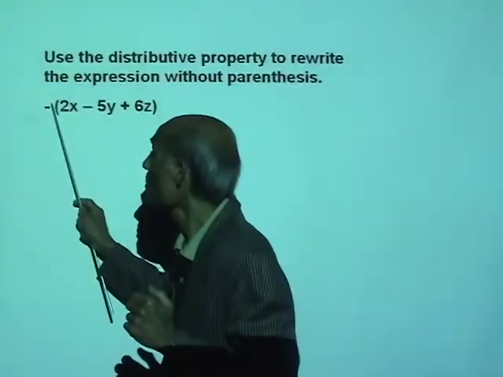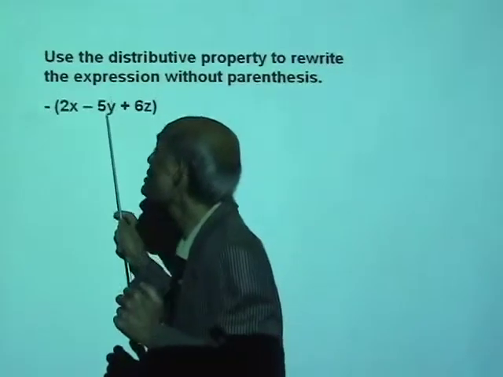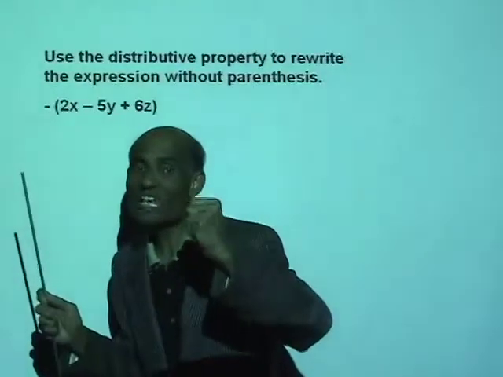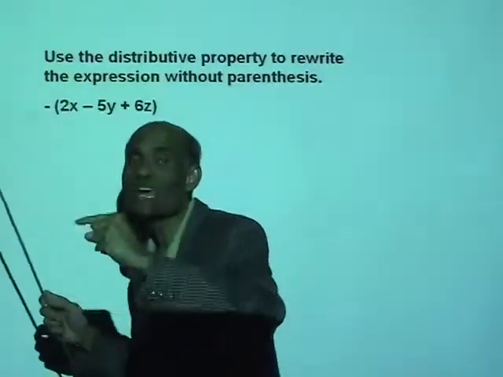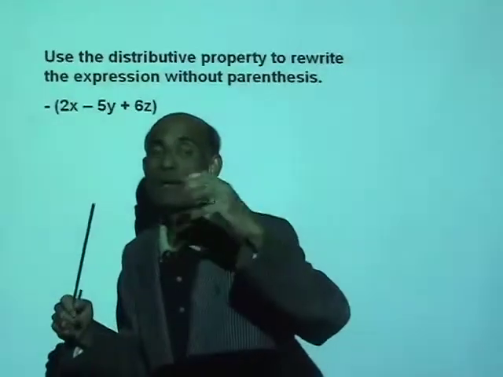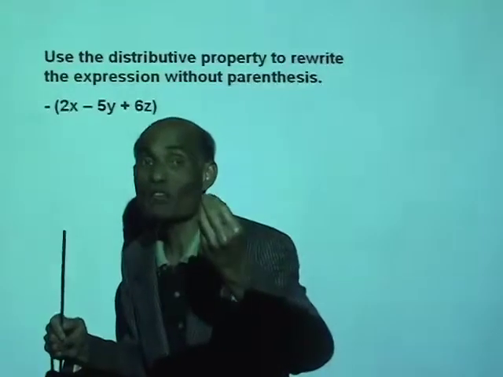So you are now going to multiply the negative 1 with this negative 5y. What do you get if you multiply negative 1 with negative 5y? A negative number multiplied by a negative number will give you a positive number.